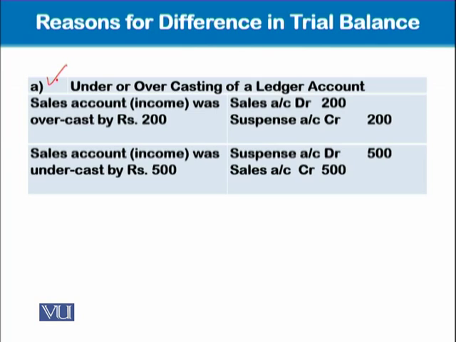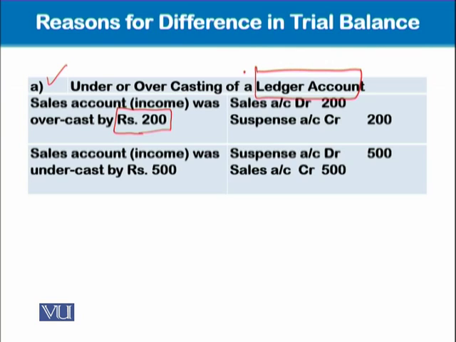Undercasting or overcasting. For example, sales income account was overcast by 200. The thing is, whenever there is over or undercasting, it means over or undercasting of a ledger account, which is a part of a trial balance.